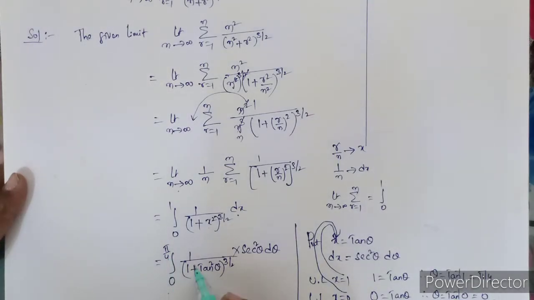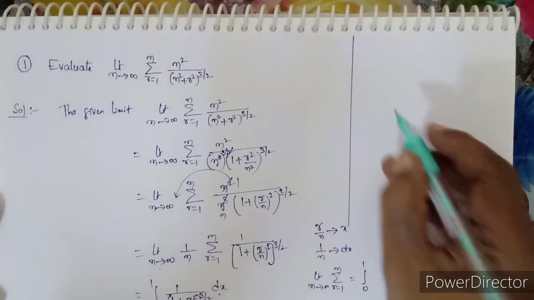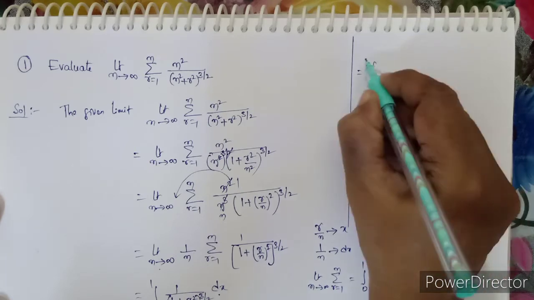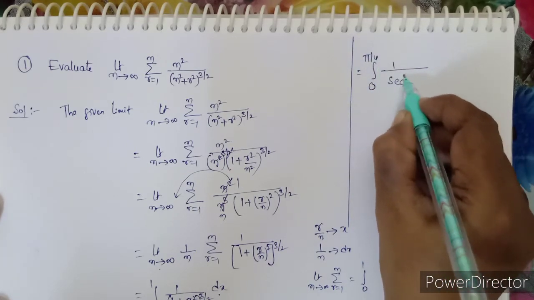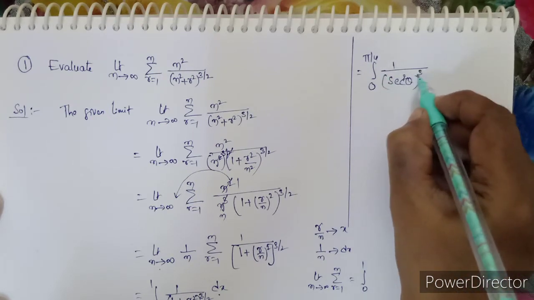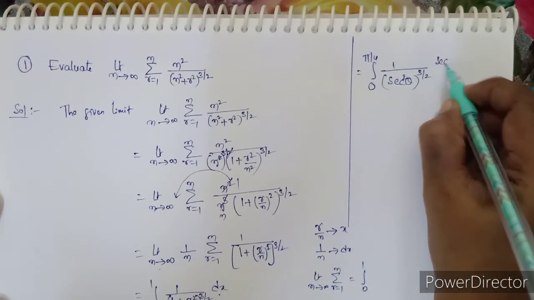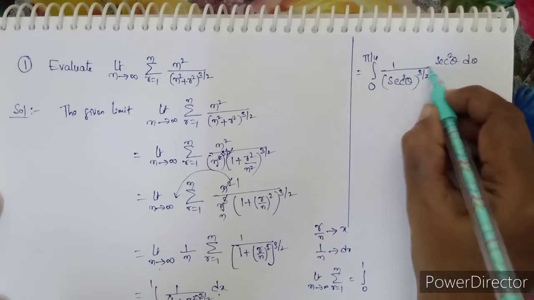Integral 0 to pi by 4, 1 by 1 plus tan square. In trigonometry we know 1 plus tan square is secant square theta. Secant square theta whole power 3 by 2 we write down here. Integral 0 to pi by 4, 1 by (secant square theta) whole power 3 by 2 into secant square theta d theta.